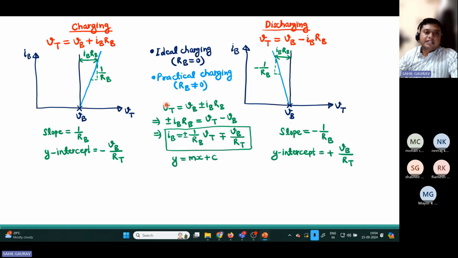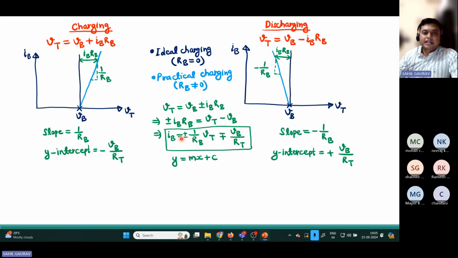So now, for charging and discharging, you can write the equation for the charging and discharging curve. If you write Vt equals VB plus or minus IB RB, this is the generalized expression for the battery.